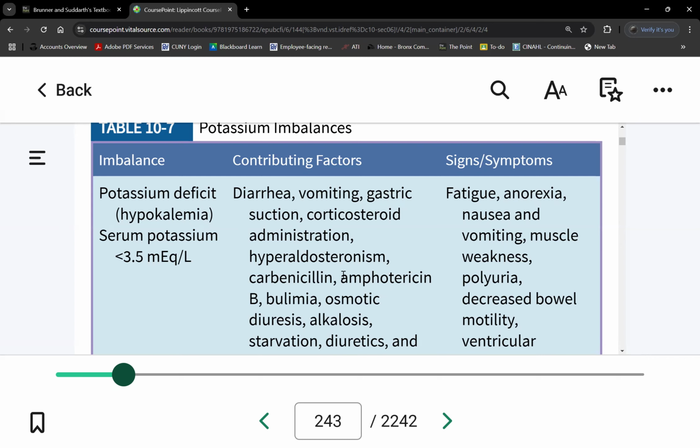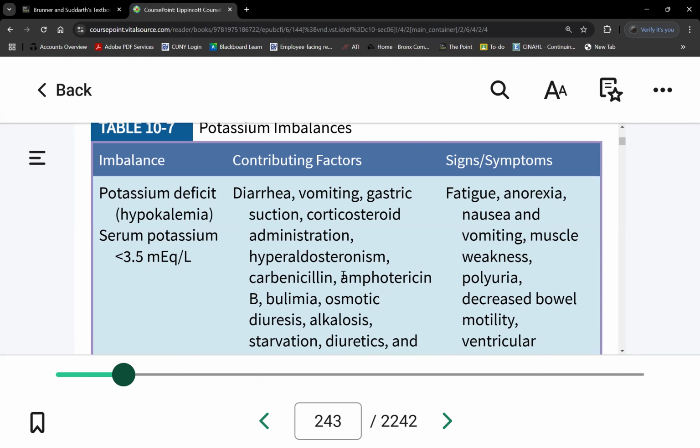Either NPO or maybe some GI problem, right? They can't absorb it, so it's useless. So that's one. What's the other one? What is the severity of the potassium deficit? Mild or severe? Moderate to severe, we have to give it intravenously.